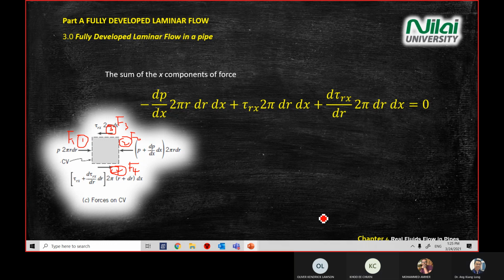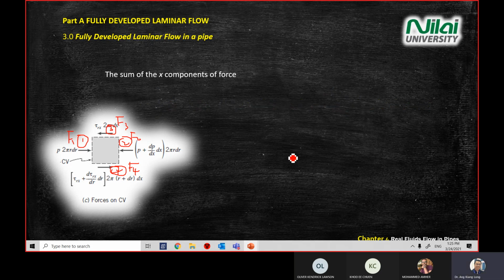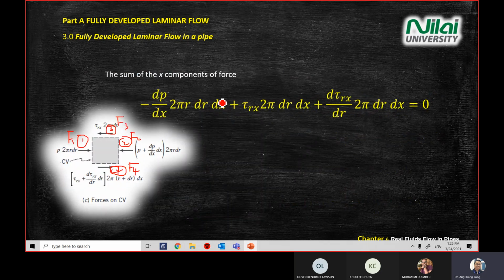All right. So if you sum up all the forces, at the end you arrive at these 3 equations. If you sum these 4 together, F1 plus F2 plus F3 plus F4 will be 0. You sum up, you get 1, 2, 3. Because you sum all these equations together, you simplify, some you can cancel, some you can take out.